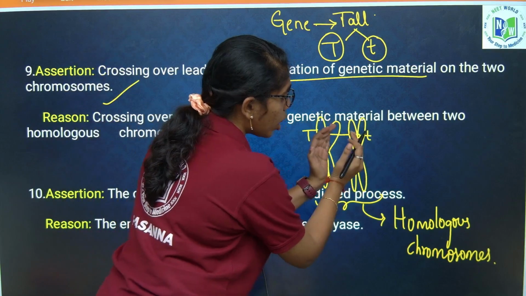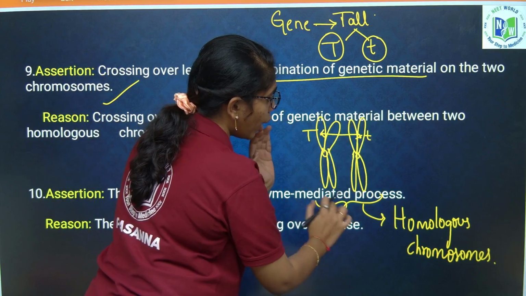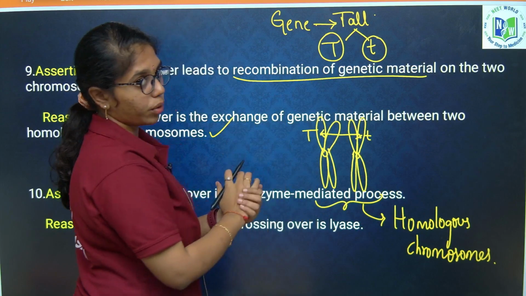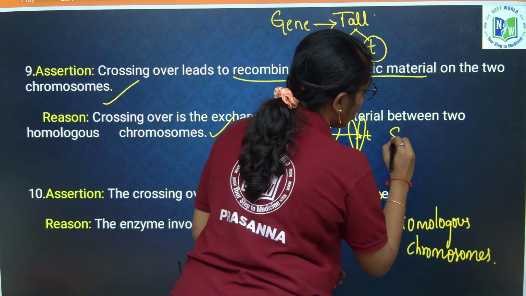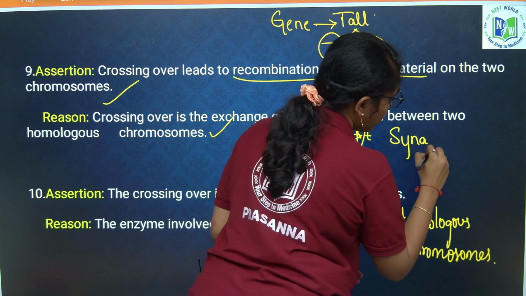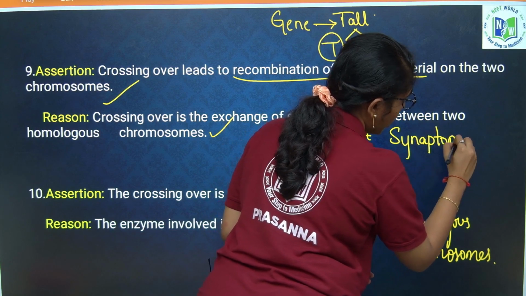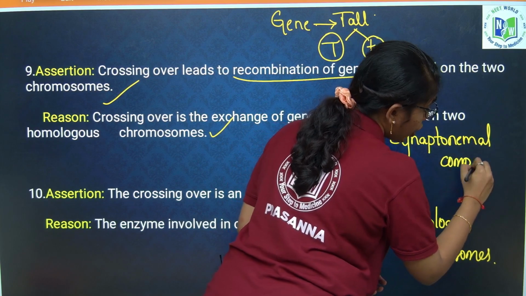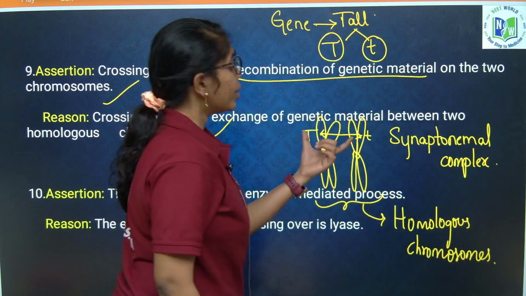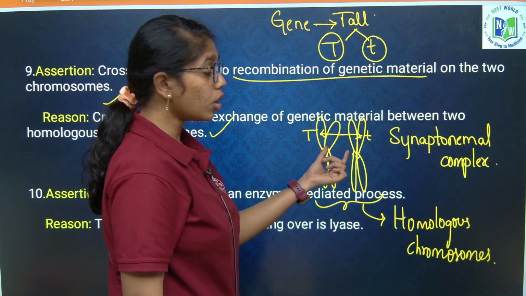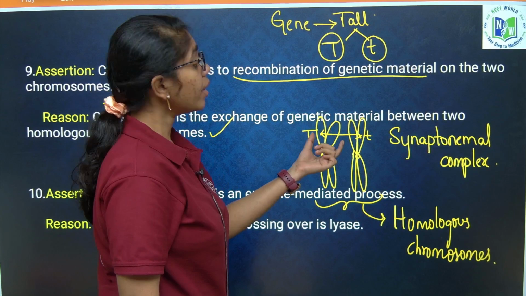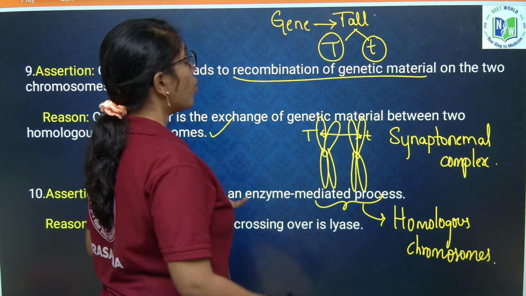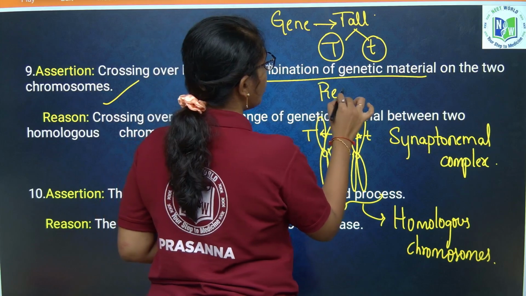These two chromosomes are brought together during the zygotene stage by the synaptonemal complex. During the pachytene stage, these two alleles get crossed over, and the crossover takes place with the enzyme recombinase.